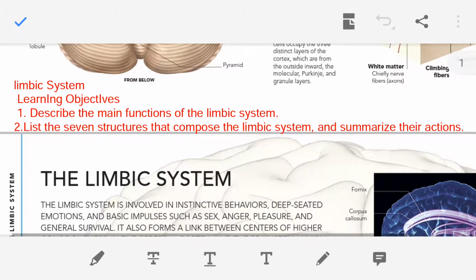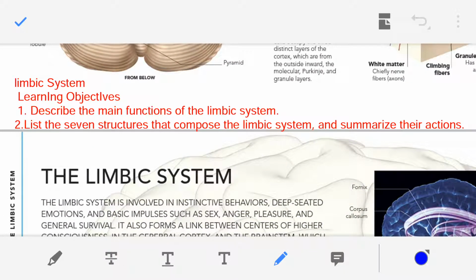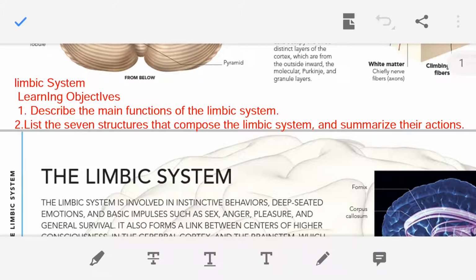Then the seven structures of the limbic system that compose it, and we are also going to summarize their action, that means their function or their role.